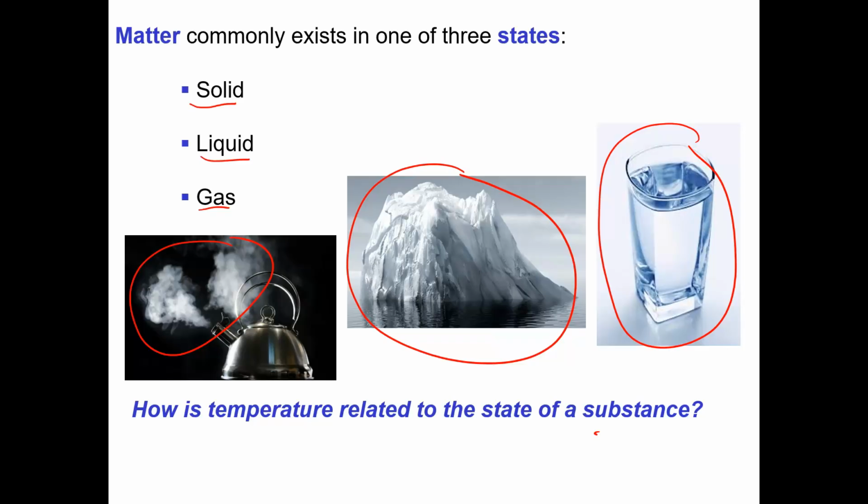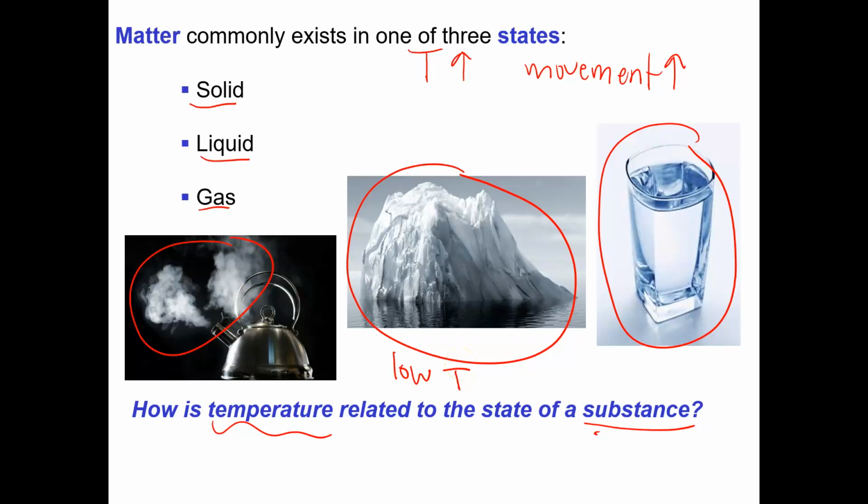An interesting question to ask is, how is temperature related to the state of a substance? Now, you probably recognize that when we heat an object up, we increase the extent to which the particles making up that object are moving. So solids form at low temperatures, which tells us that the particles that make up solids are not moving around a lot, because low temperature means low movement.